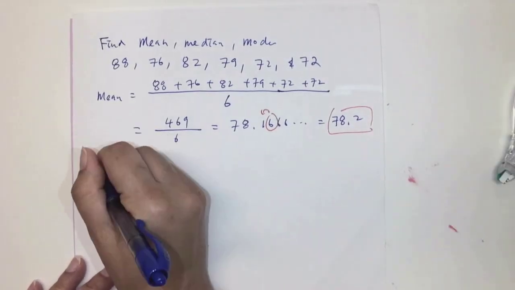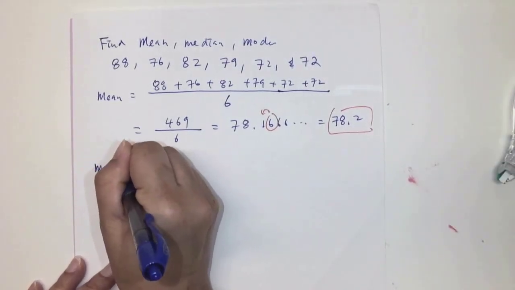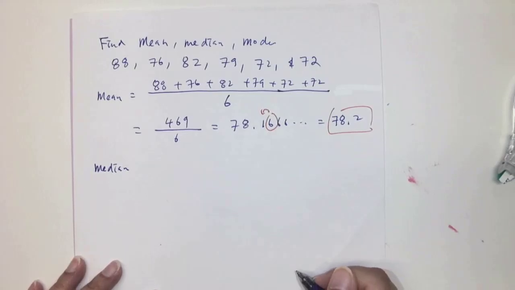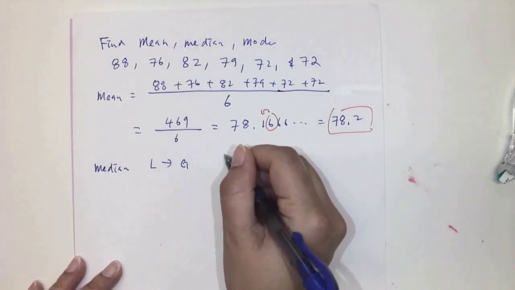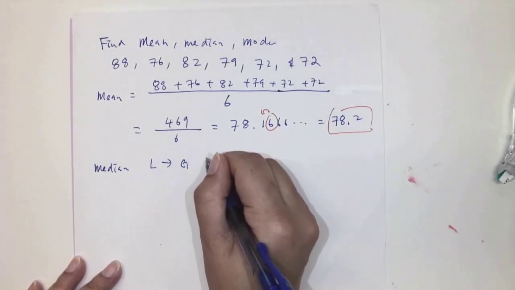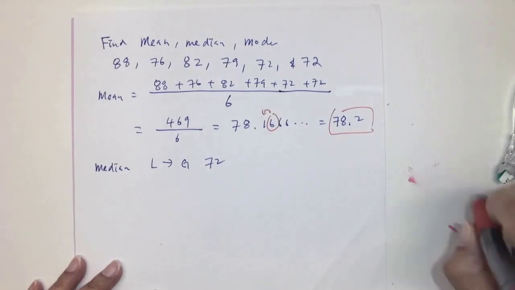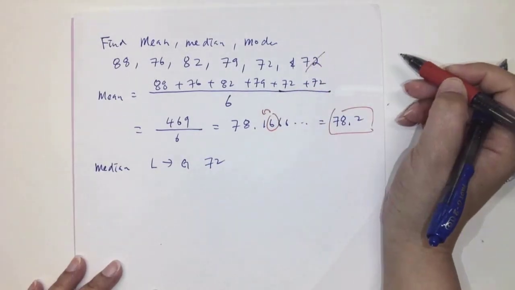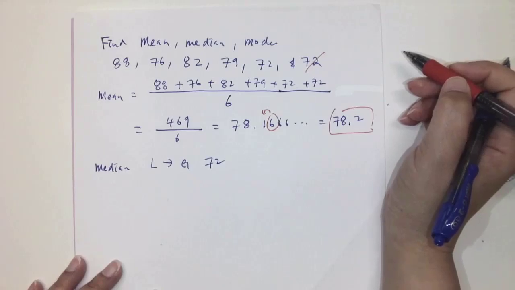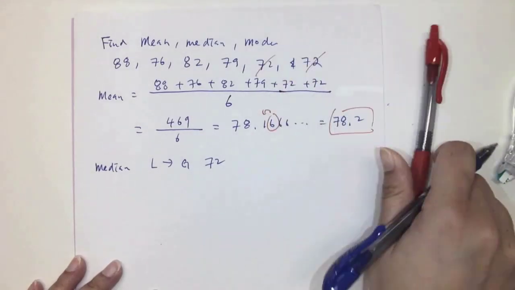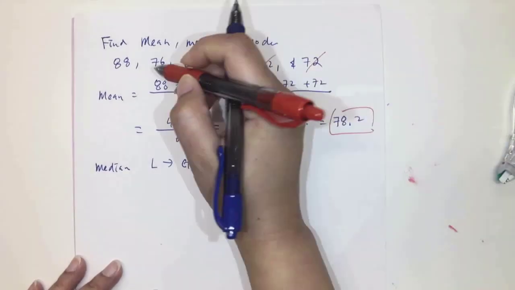The second one is median. So median, first we need to do what? Least to the greatest. So the smallest one is, and then 72 and 72 again, and then 76.